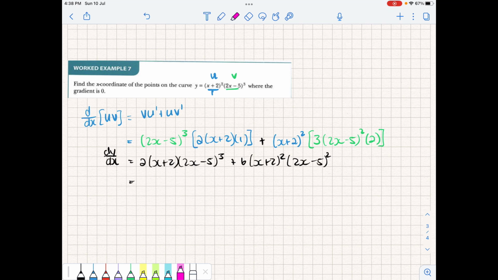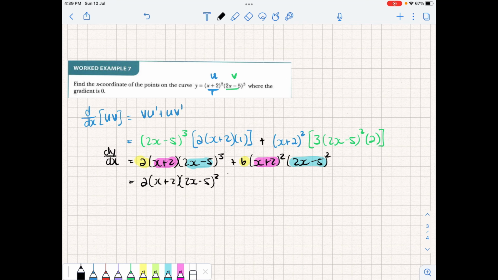So it's probably in my best interest to try and factorize these two terms. So I can see I have a common factor of x plus 2, and I also have a common factor of 2x minus 5 squared. So what I'm going to do is pull out a 2, because this 2 can also be factorized out. And then I'm going to pull out x plus 2, and then 2x minus 5 squared.